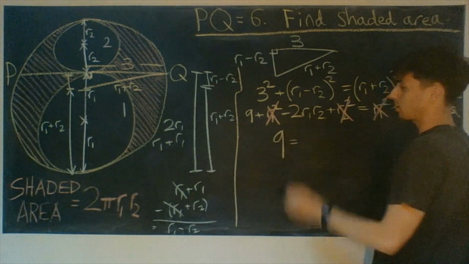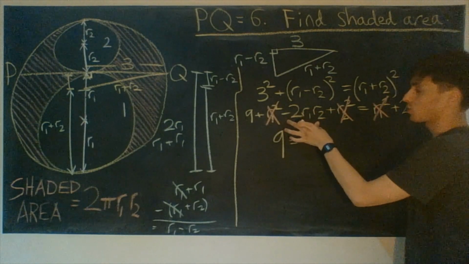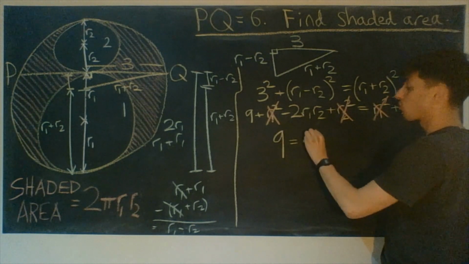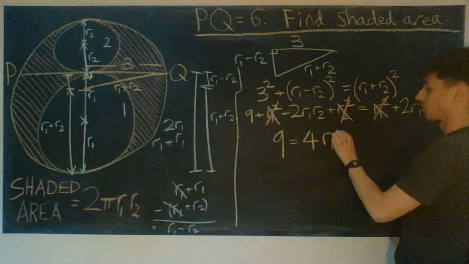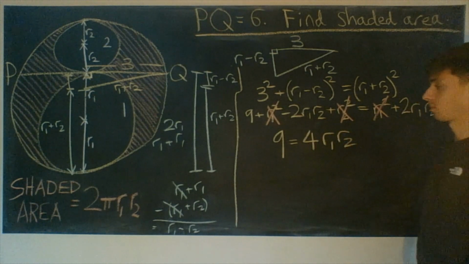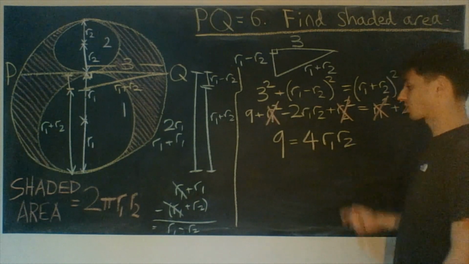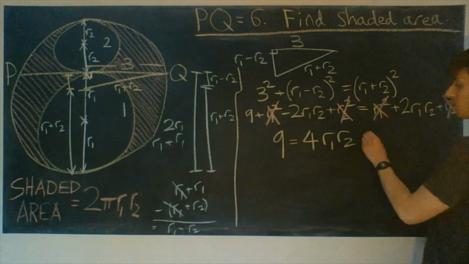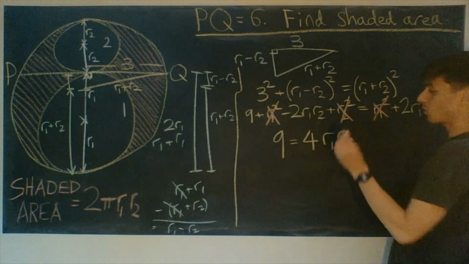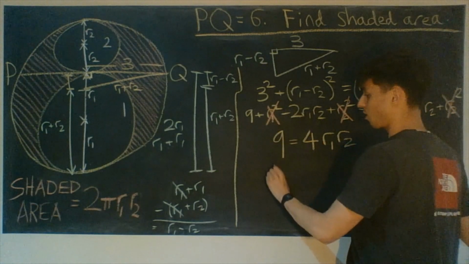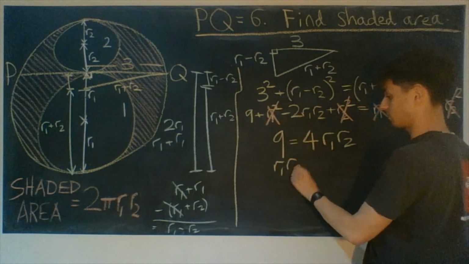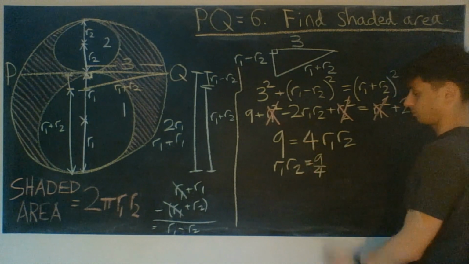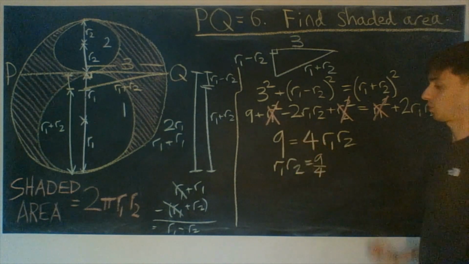The 9 is staying, but these 2 R1 R2s are going to add to these 2 R1 R2s, meaning that we have 4 lots of R1 R2. Well, from here, if you remember right back to the start, we would like to know what R1 R2 is. So this tells us if 9 is 4 lots of R1 R2, then R1 R2 is going to be equal to 9 over 4. We've just divided the 4 through.